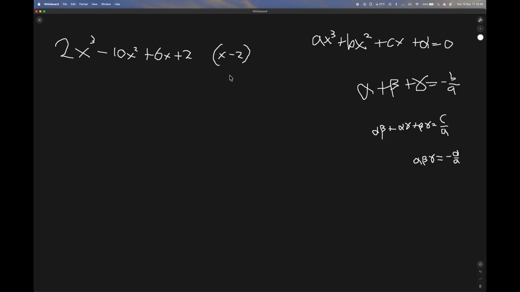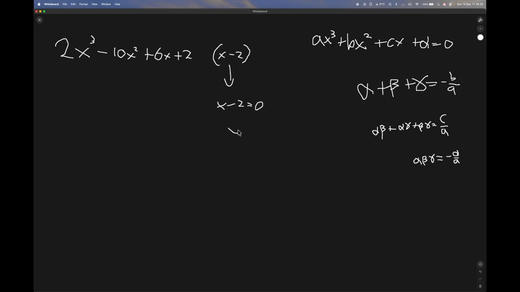The remainder theorem says if we make this equal to 0, and then plug that x value back into here, then we will get our remainder. That is what would happen if we did polynomial long division. So let's make x minus 2 equal 0.